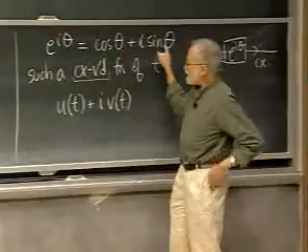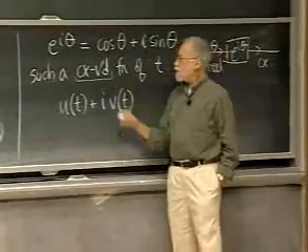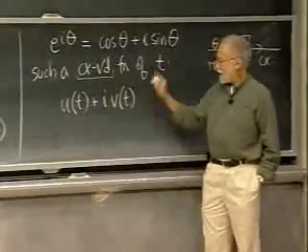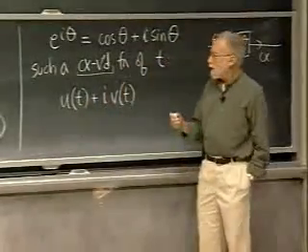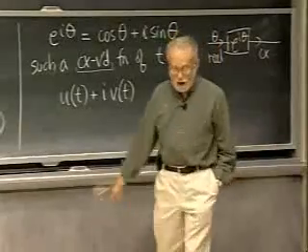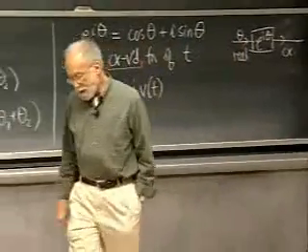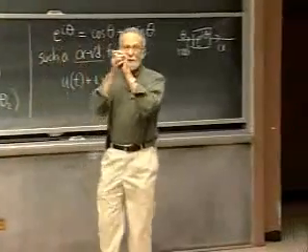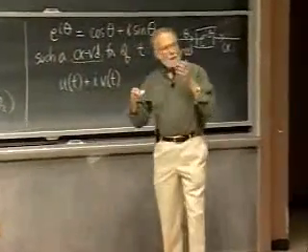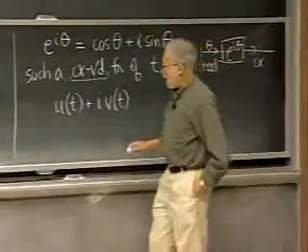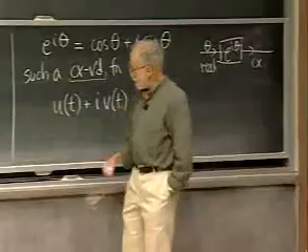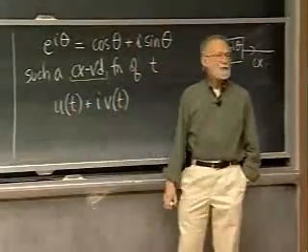This is just a special case of it, where the variable has a different name, but the first function would be cosine T, and the second function would be sine T. So my only question is, how do you differentiate such a thing? Well, I'm not going to fuss over this. One could go, the general definition is, and with deltas and whatnot, but the end result of a perfectly fine definition is you differentiate it by differentiating each component.